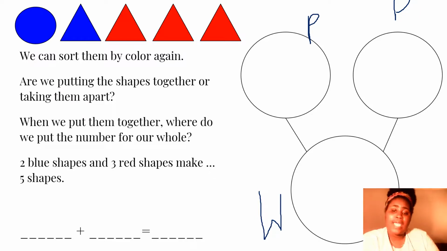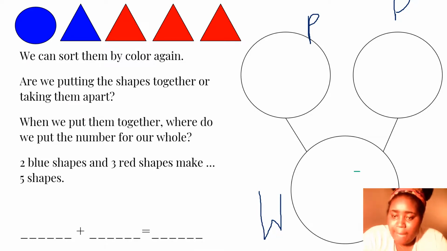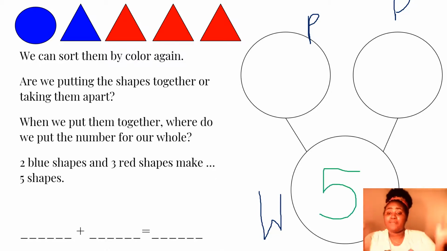I remember from before that there were 5 shapes all together, but I'm going to count them just to make sure. 1, 2, 3, 4, 5. So I remembered right. I'm going to put that in my whole bubble because there are 5 shapes all together.